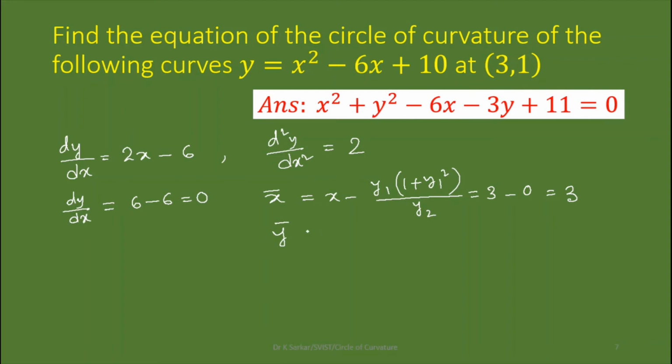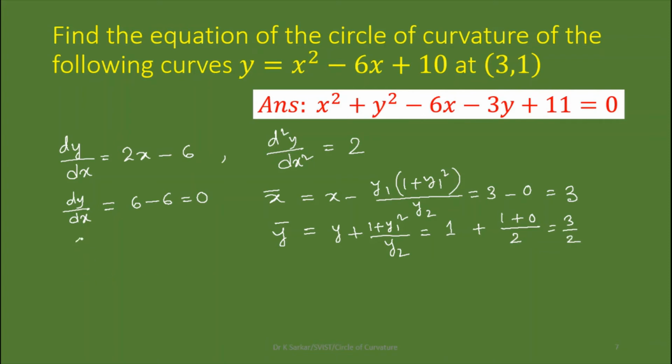y bar is y plus (1 plus y1 square) by y2. y is 1, plus y1 is 0, so (1 plus 0) by 2. That is 1 plus half, that is 3 by 2.